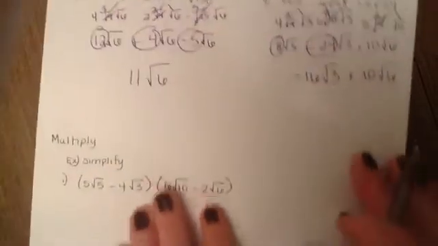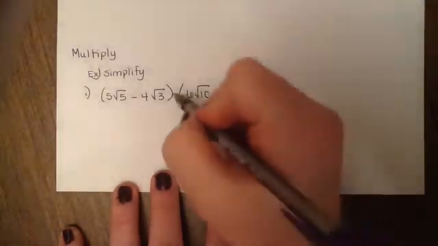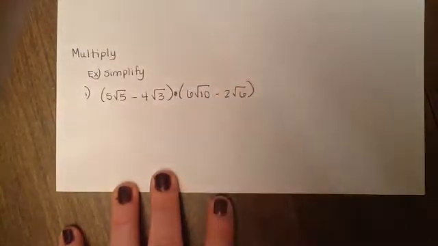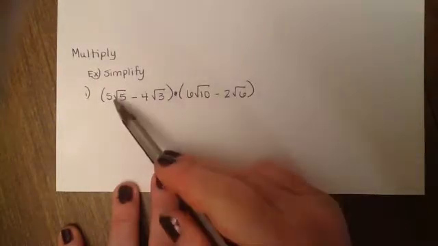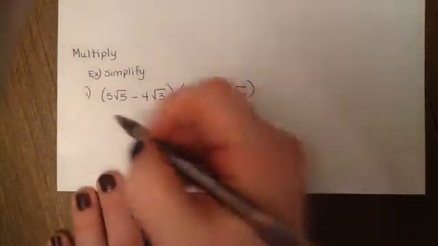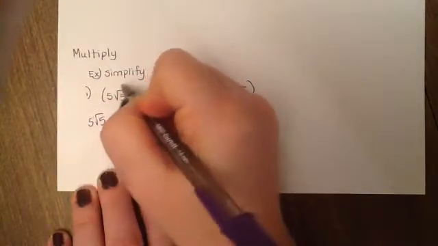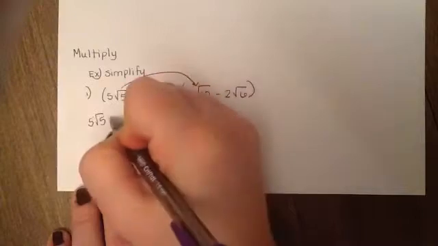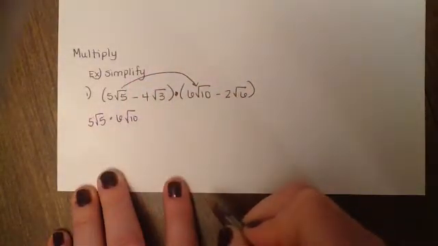Next, we're going to look at multiplying. And here we are going to do the double distribute because we have a times sign, or the FOIL method, where you multiply the first terms together. So I'm going to have 5 root 5 times 6 root 10. That's my first piece.